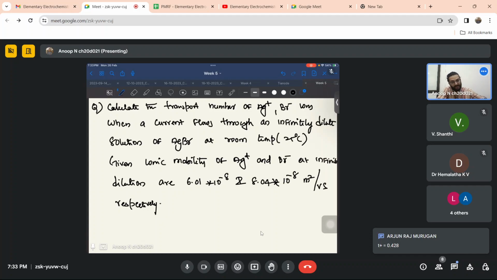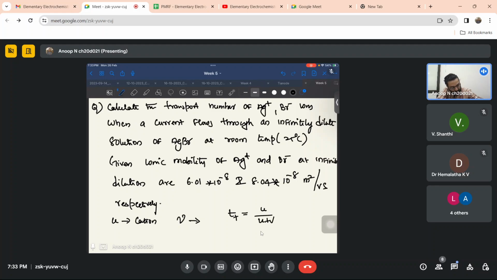This is correct. What about others? It's simple, since the ionic mobility is given. If the ionic mobility of the cation is U and the mobility of the anion is V, we have T plus equal to U divided by U plus V and T minus equal to V divided by U plus V. Initially we derived it.